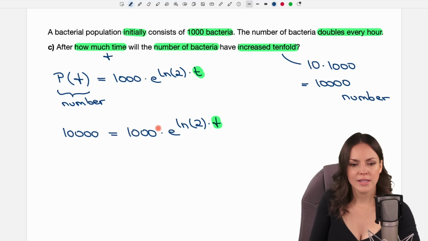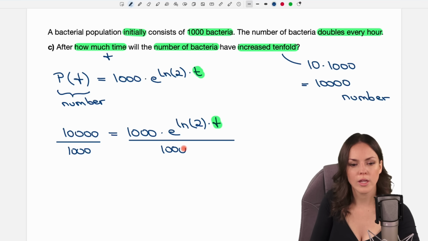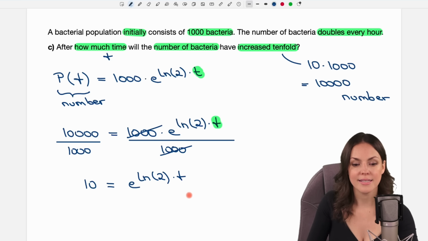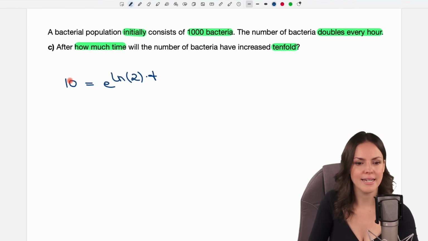Let's get rid of the 1000 here first by dividing both sides of the equation by 1000, so that we have 10,000 over 1000 equals 10. Here this cancels out, and we only have our e to the power of this part here. This is how our equation looks like now.